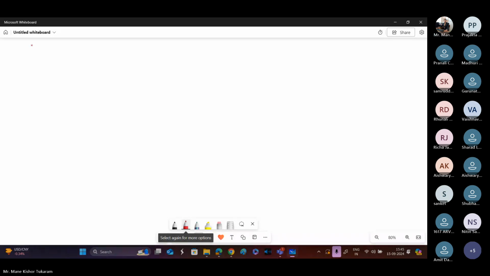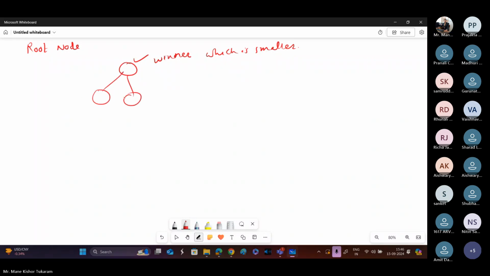Okay, so here, root node means whatever the root node is, it is the winner, and which is a smaller number. In our tree, suppose here 9 and 10 are there, so 9 is the winner. So whatever the smallest number is, it is always the winner, and these are the leaf nodes which are the input. Okay, so let's see the example related to this. Then only you can understand the concept.